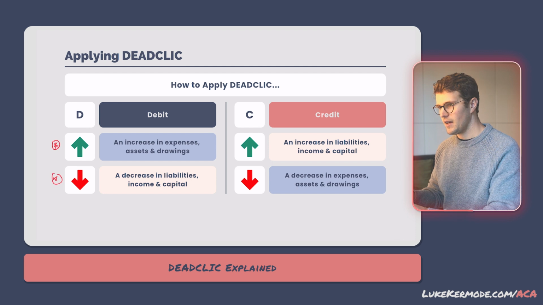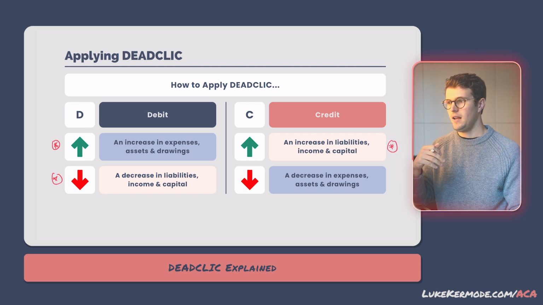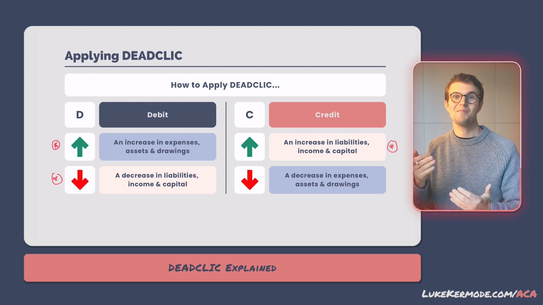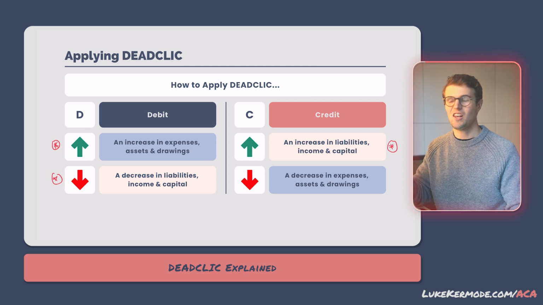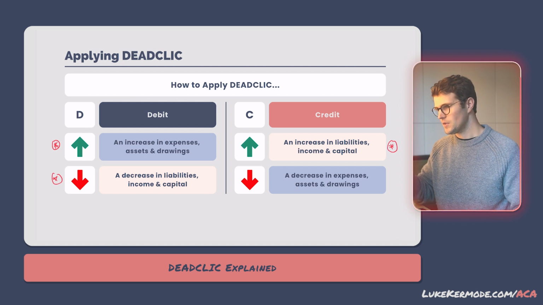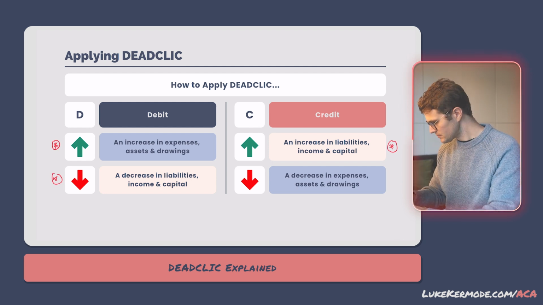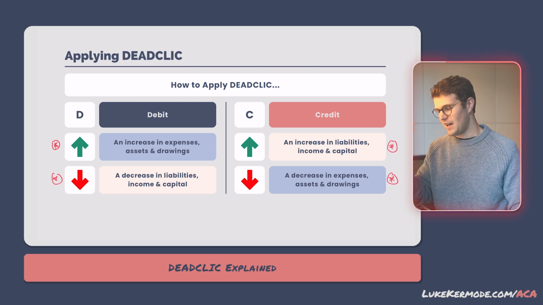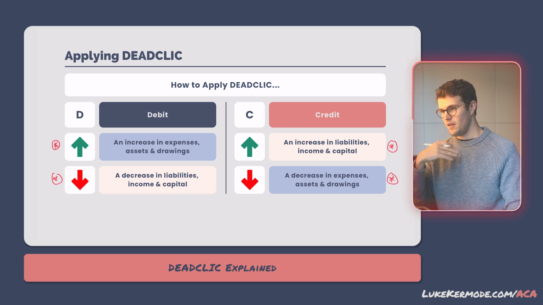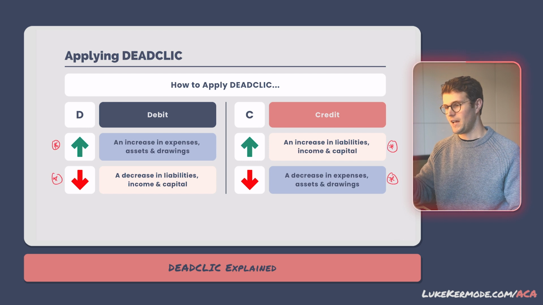On the other side, you make a credit entry when there's been an increase in income, like for example, the business has made a sale, an increase in a liability, such as the business has bought goods on credit, or an increase in capital. But you also make a credit entry when an asset account decreases, for example if the business has made a cash payment, or if the expense account or the drawings account decreases.